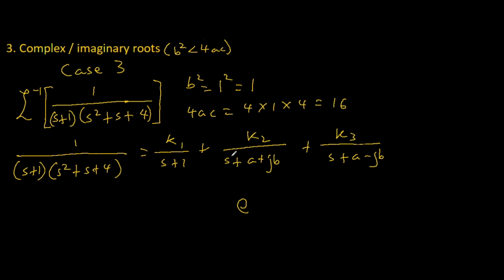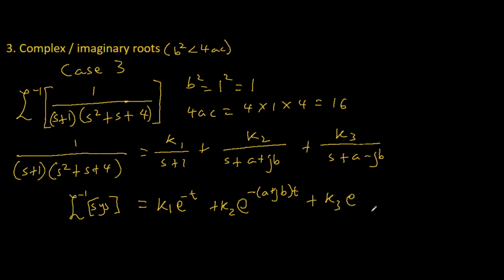Now, if we expressed it in this form, then our solution to this system will be the inverse Laplace transform of this system, which would have simply been k1 multiplied by e to the power of minus t plus k2 multiplied by e to the power of minus (a plus jb)t plus k3 e to the power of minus (a minus jb)t.